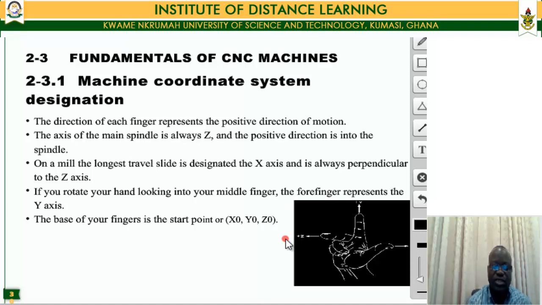Now, the CNC mill has a spindle that takes the tool in a vertical direction.